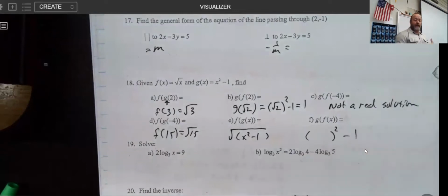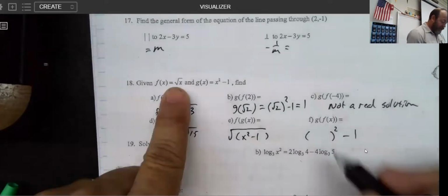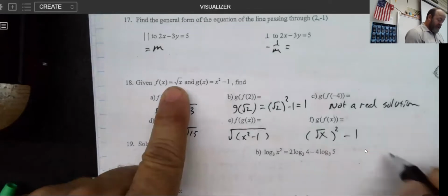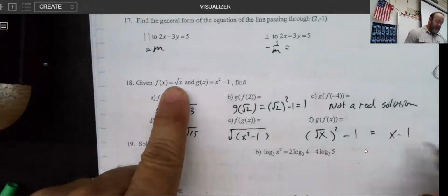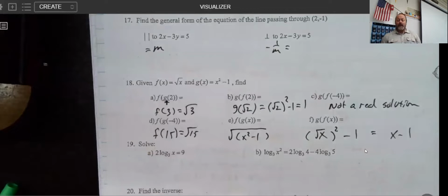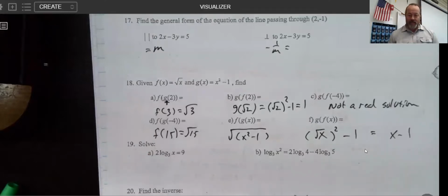For those that haven't had me before, when I evaluate functions, I take the value, I make an open parentheses, and I wait to plug it in until I've expressed my whole thing, and then I plug f into that little hole. Now, this is something that a lot of math students make a mistake with, because this claims that this value is x minus 1, because obviously the square root squared is x, but it isn't.